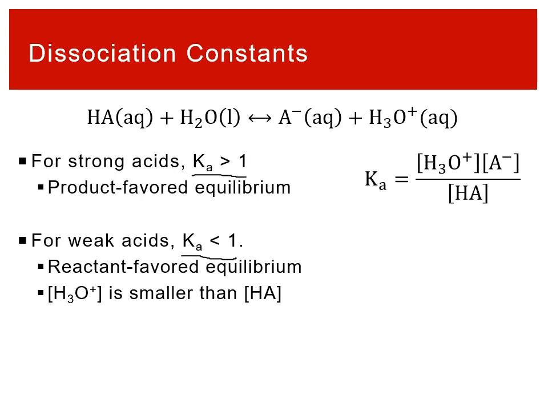So this would be a reactant-favored equilibrium. That's the same thing as saying the reactants mostly just stay reactants. You don't make a lot of products. Less product will be produced than the amount of reactant you start with. In this case, not all of the acid you put in becomes hydronium. So that hydronium concentration will be smaller than the initial concentration of acid.